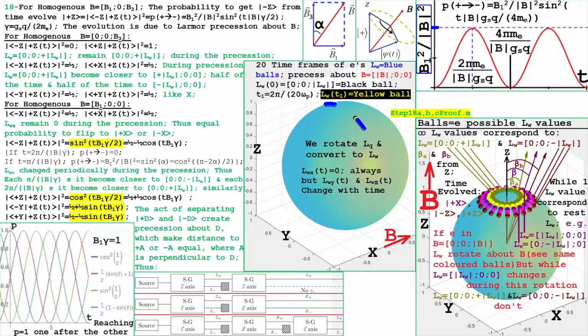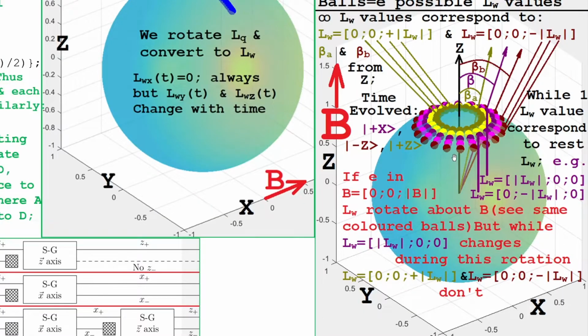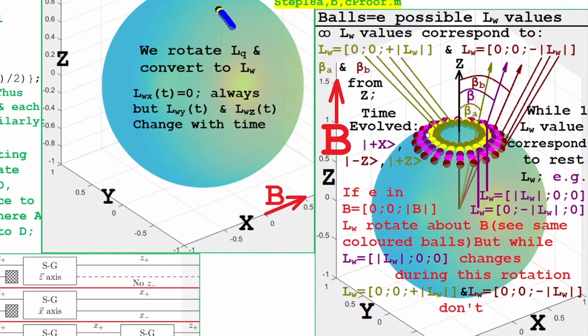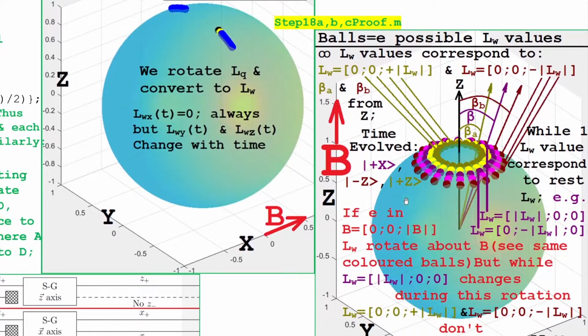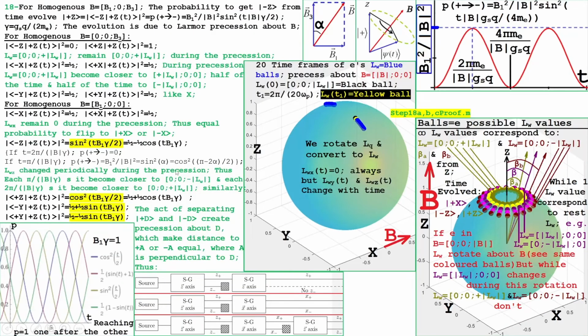Step 18. The electron and positron angular momentum is restricted to a spherical zone, such that, when it aligns parallel or anti-parallel to its major axis, it can take infinite values. But otherwise it is restricted to one value. During Larmor precession, the internal magnetic field and L sub q really precess about the external magnetic field.